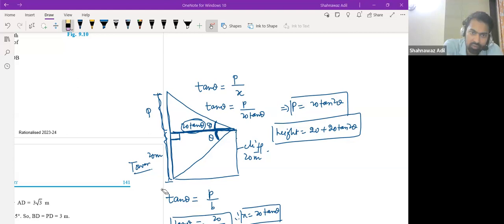Sir, the 14th question in the image. Yeah, from the top of a cliff, the angle of elevation of the top of the tower is found to be equal to the angle of depression of the foot of the tower.